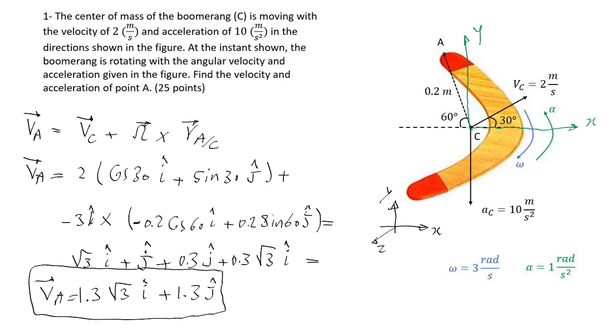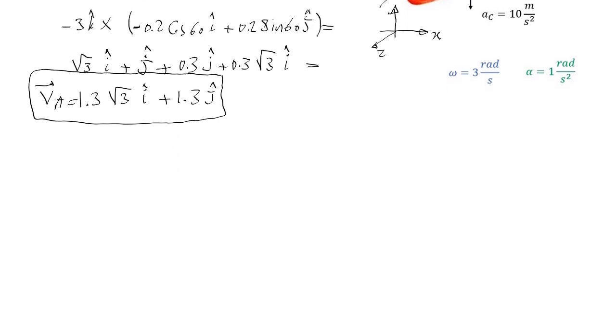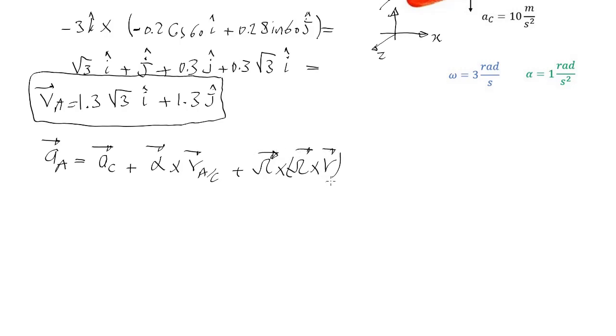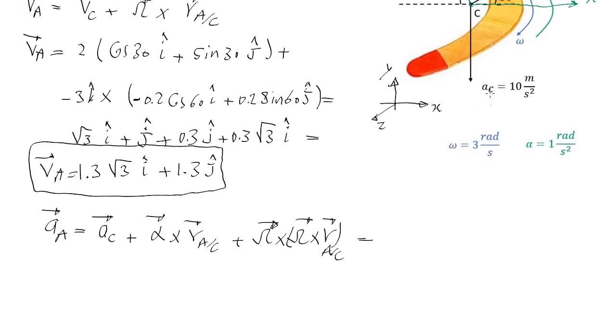Now let's calculate the acceleration of point A. For acceleration, I can write down AA, acceleration of point A, is equal to AC, the acceleration of point C, plus alpha cross R A with respect to C, plus omega cross omega cross R A with respect to C. So AC is minus 10j, so minus 10j plus alpha.